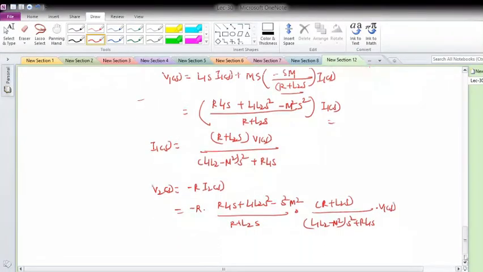Okay, and what is V1? V1 of s is some V1 volt, V1 by s, some constant by s I can write. So this will be cancelled.